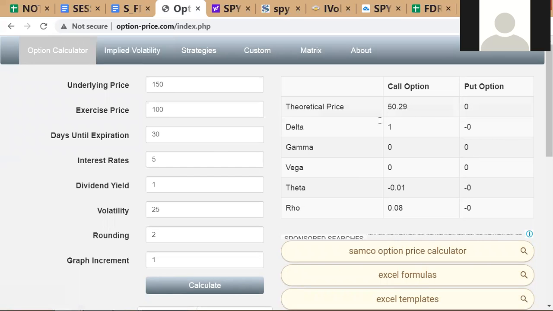All right. Now notice what happened to the put option. It used to have some value when the underlying was 100. But now the put option value has gone to 0 because the put option is deeply out of the money. And at this point we use the word deep, as in the opposite of shallow.